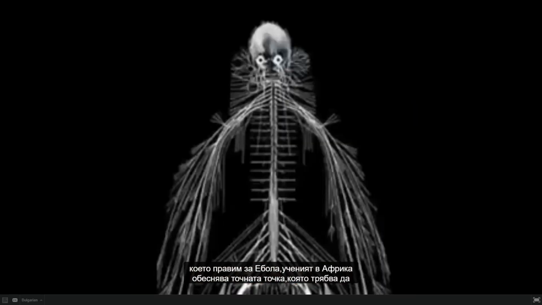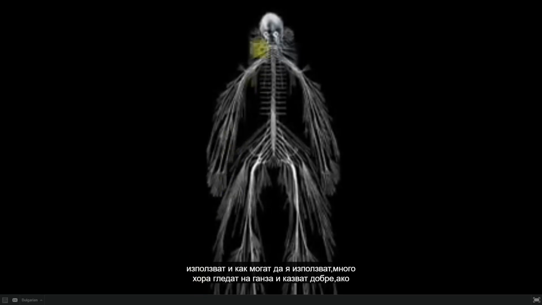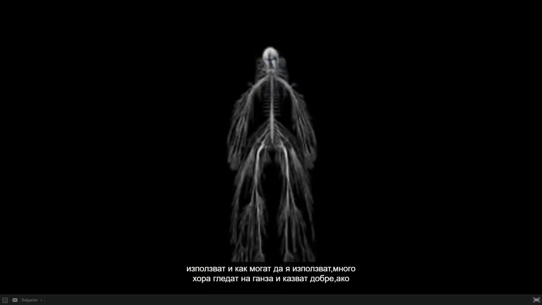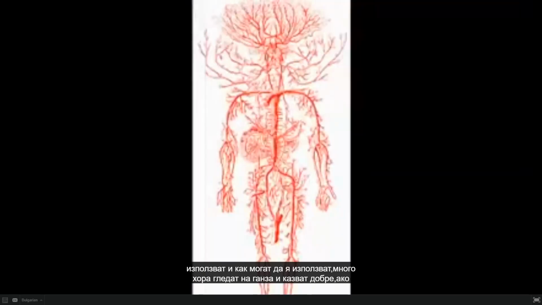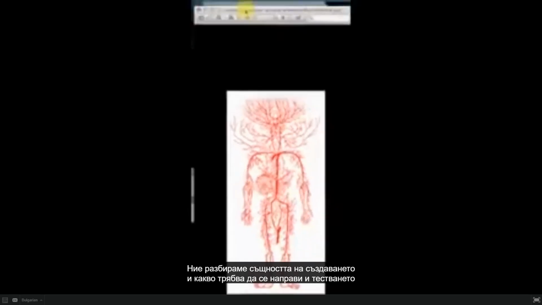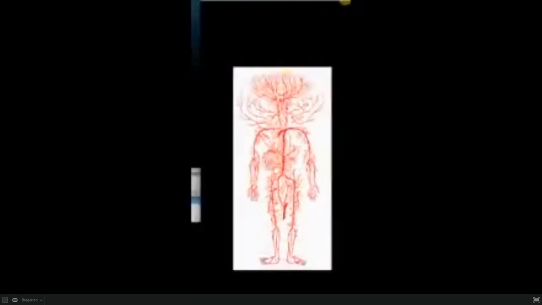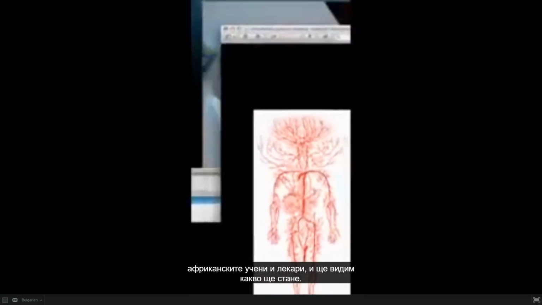The scientists in Africa have been explaining the exact point they have to use and how we can use it. A lot of people look at the GANs and say, okay, if we take the CO2, we can use it. No, it's not what we do. We understand the essence of the creation, what has to be done. And the test in Africa is done on a basis which we have not disclosed, but it's been disclosed to the African scientists and doctors. See what the response shall be.